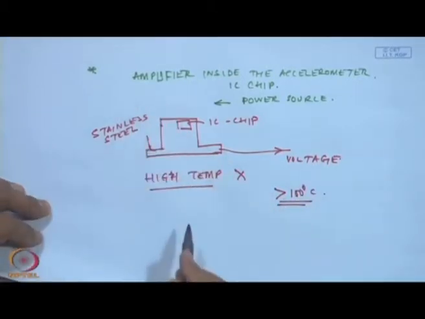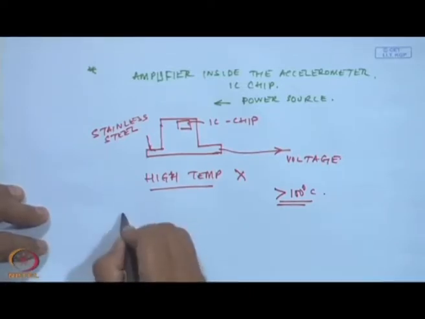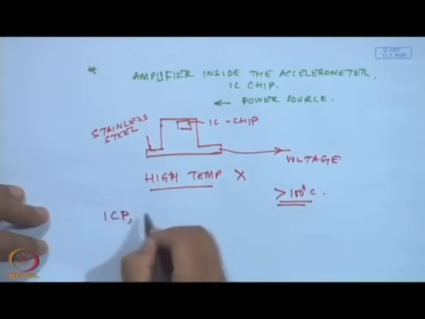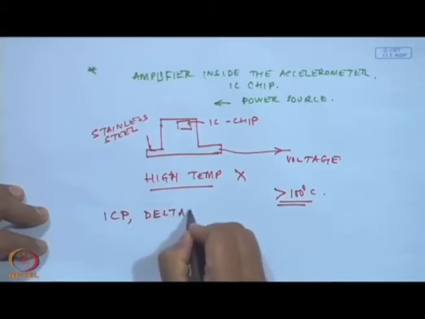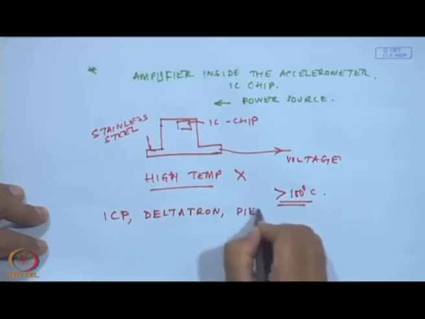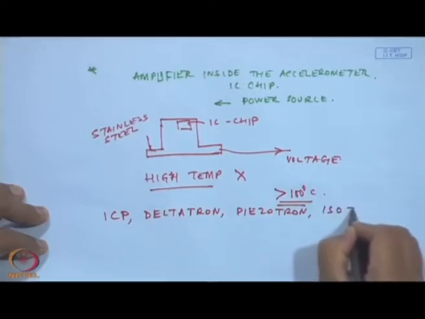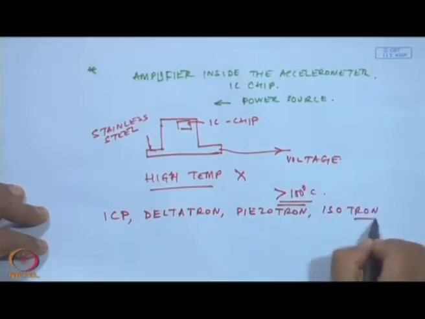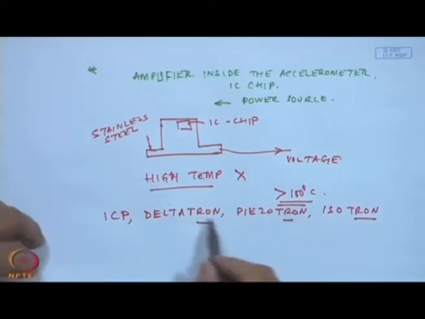The ICP type, there are many trade names for this, like you will have the ICP types, the deltatron, piezotron, isotron. This tron comes from the electronics, okay, and delta, piezo, iso, ICP.